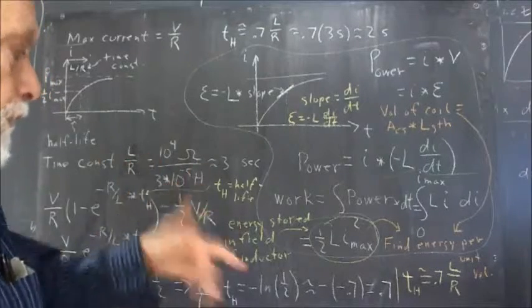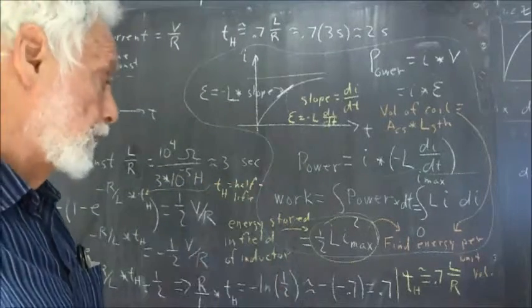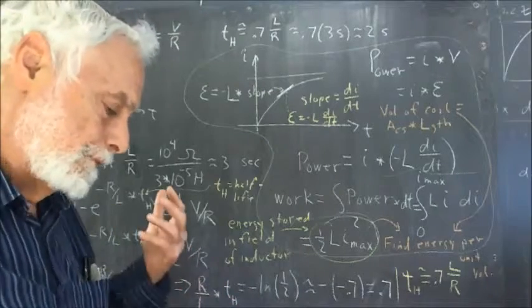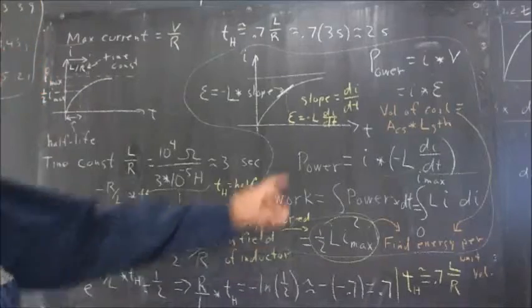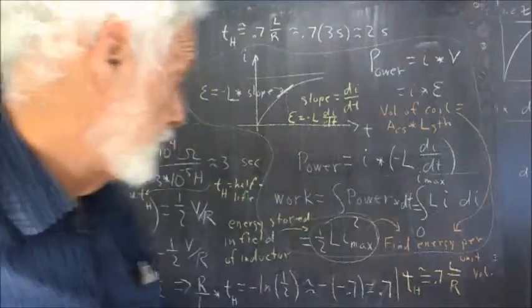It's 1/2 CQ squared. But you can get that by integrating the current with the voltage for a capacitor. Okay, we've done the same thing here, integrating current with respect to voltage, essentially, as we did here.